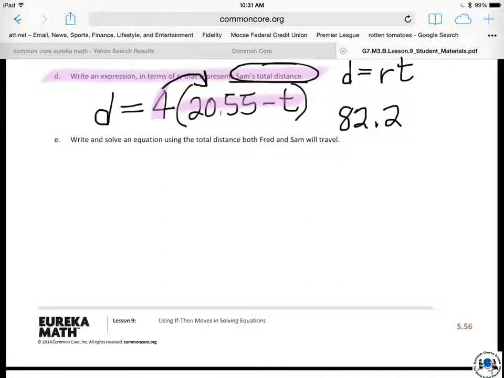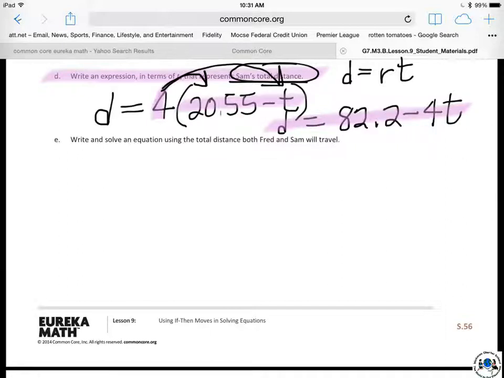And then 4 times t, so this will be minus 4t. So now we have d equals 82.2 minus 4t.